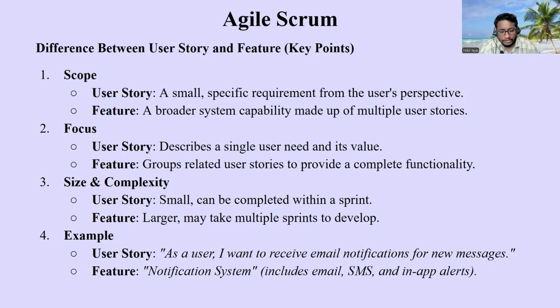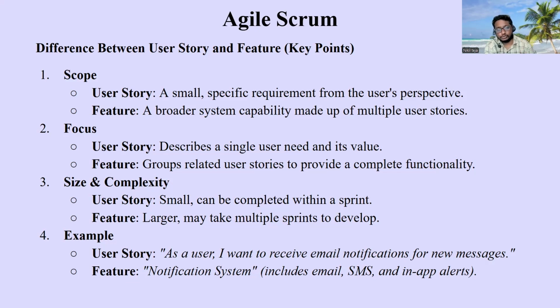So we have learned about size. Now an example. For a user story, this is the format: as a user, I want to receive email notifications for new messages, so that, and we also have to mention the reason. The feature is the notification system, which is broader than the user stories.